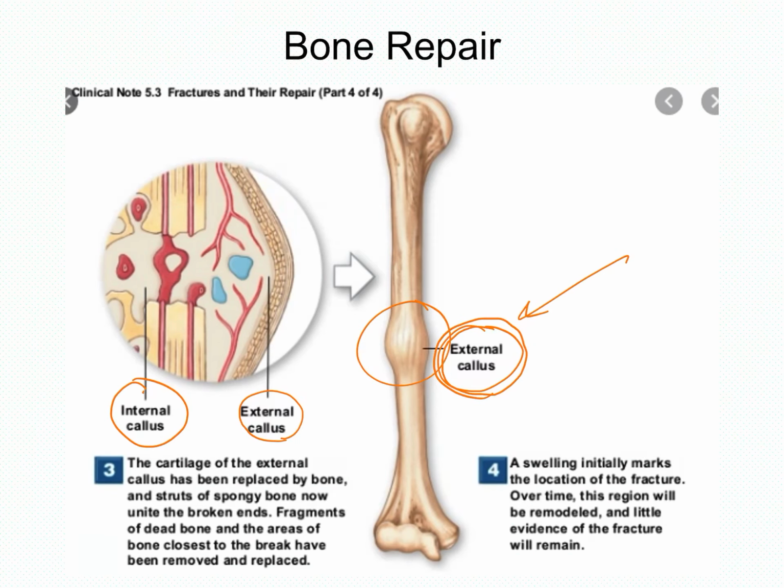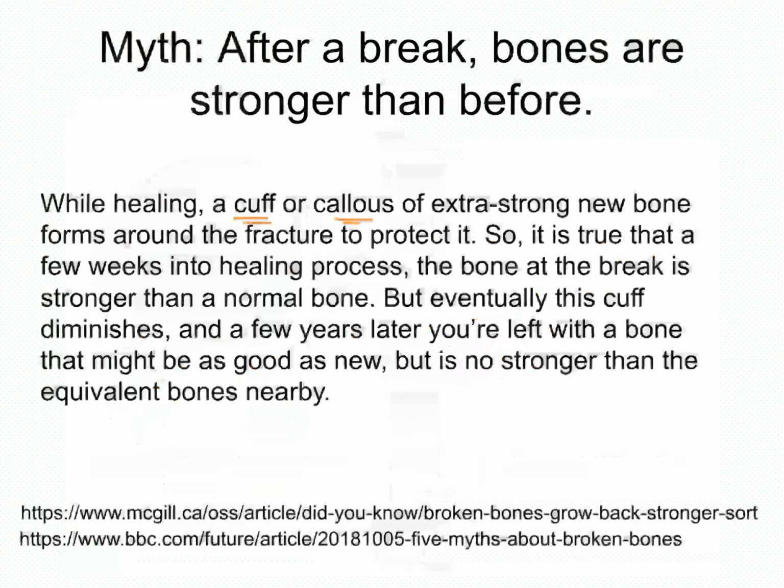It's a little stronger than the rest of your bone because there's extra material as it's healing. So it's true that a few weeks into the healing process, the bone at the break is stronger. However, it eventually diminishes, and a few years later, you're left with a bone that might be as good as new, but no stronger or weaker than the equivalent bones nearby. So just a little tidbit for you.